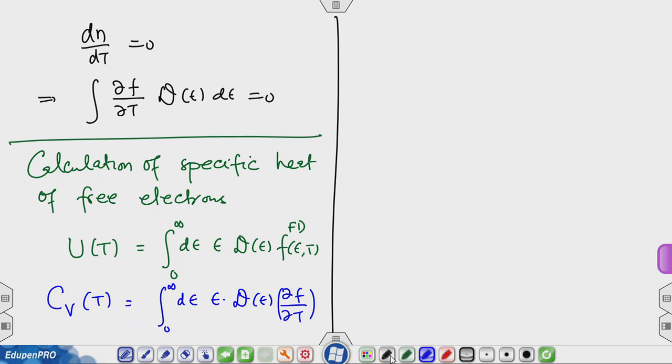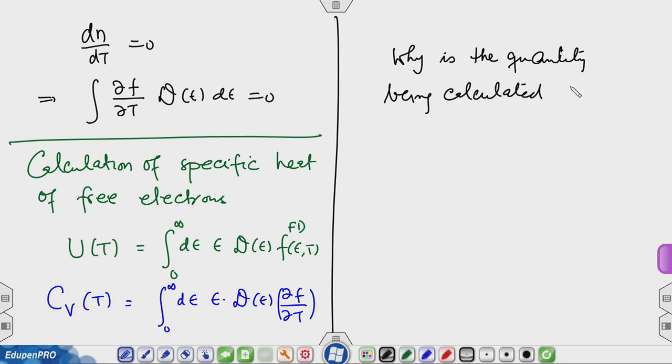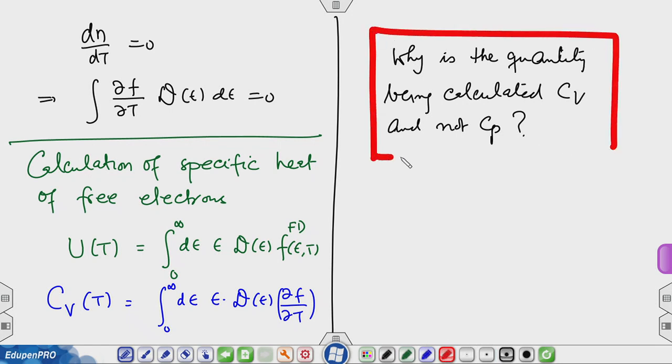Let me ask you a question at this point. Why is the quantity being calculated Cv and not Cp? Let me also ask you another question.